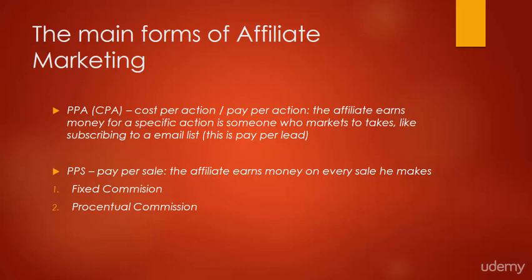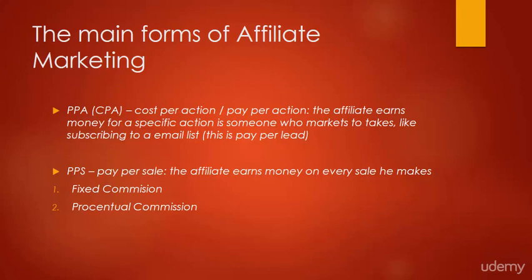For example, subscribing to an email list is a pay per lead. The affiliate promotes a certain offer to the traffic that he has, and some visitors from that traffic opt in to a lead form of the vendor. For each person that subscribes, the affiliate gets a commission. That is how CPA offers work.